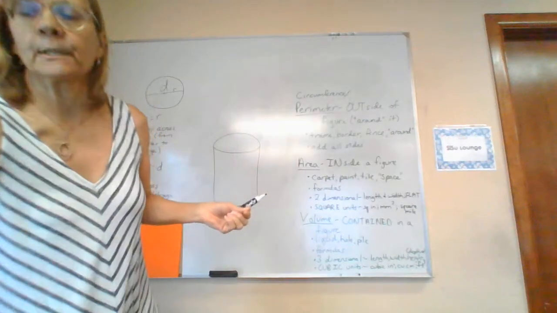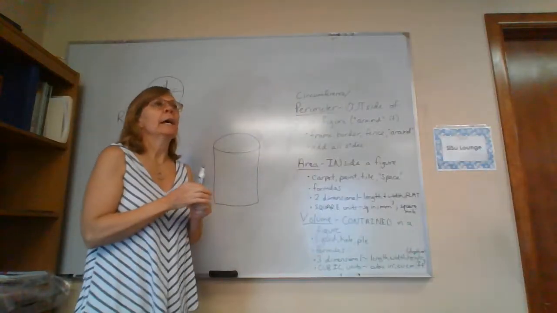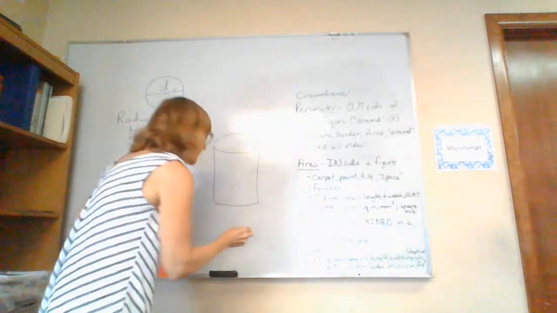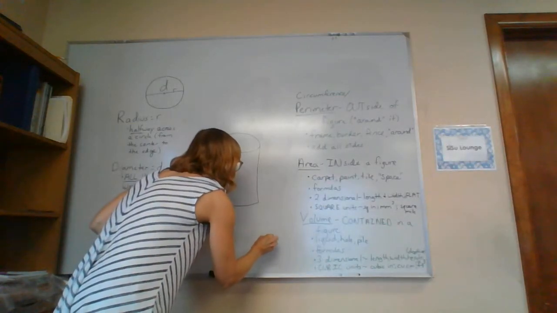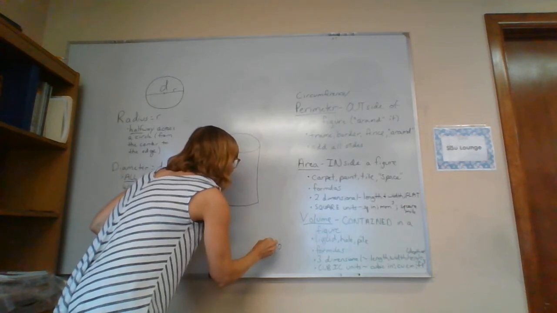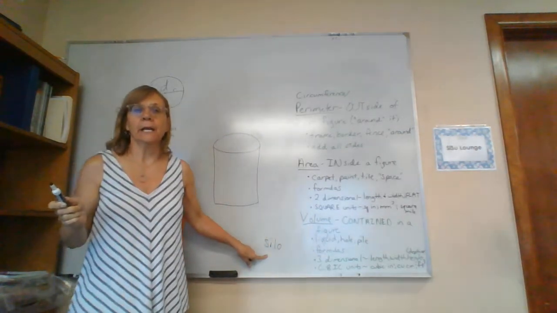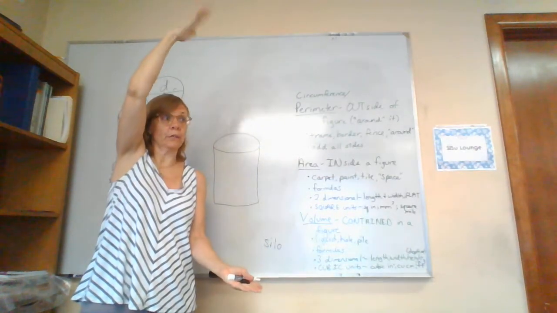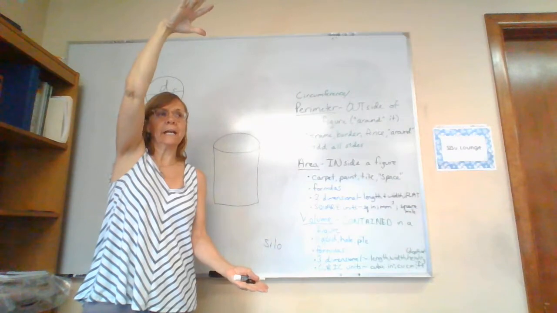A question they seem to like on the test sometimes is a silo. If you've ever driven through a smaller town, or even like Yukon has silos on Main Street, a grain silo, it's the really tall structure outside.